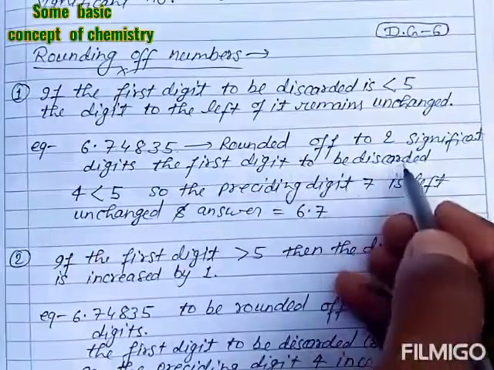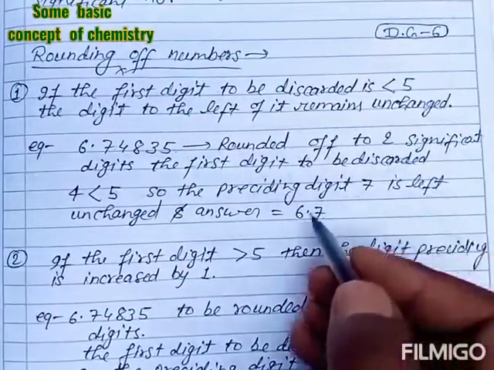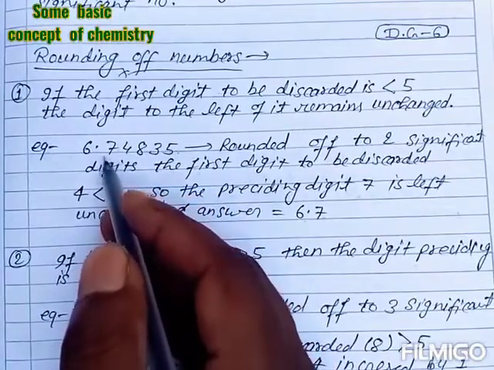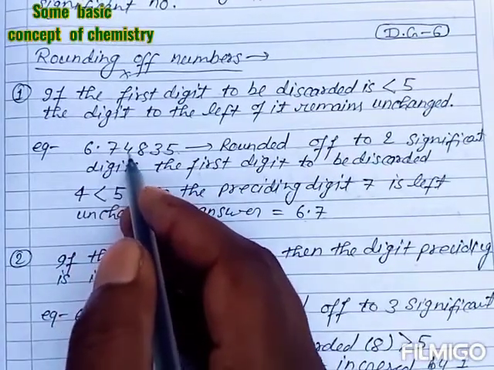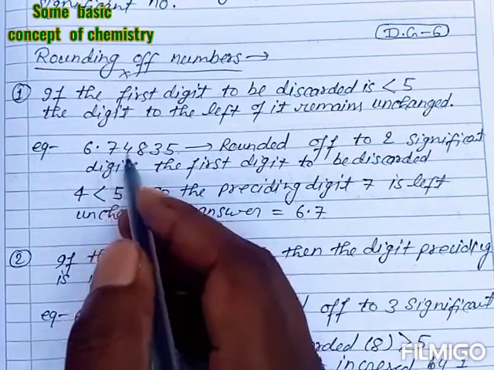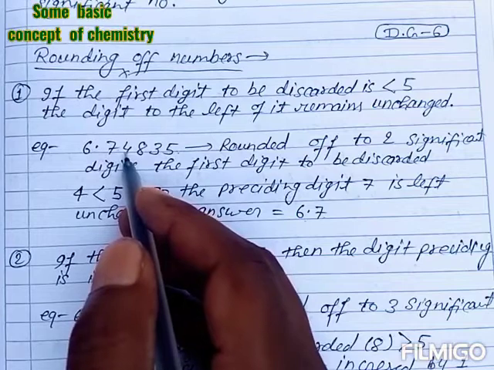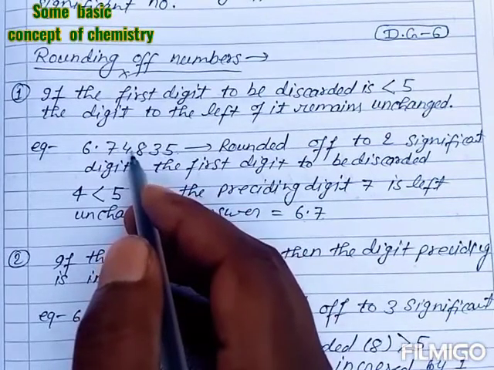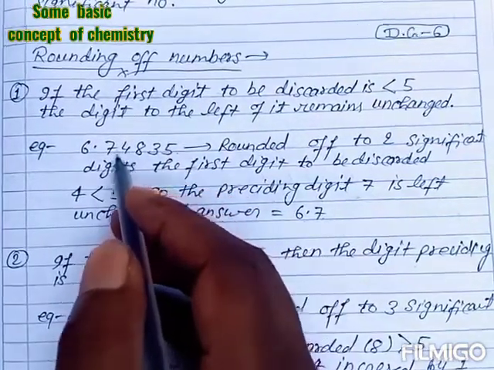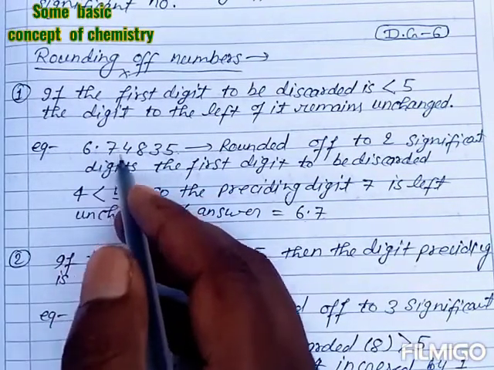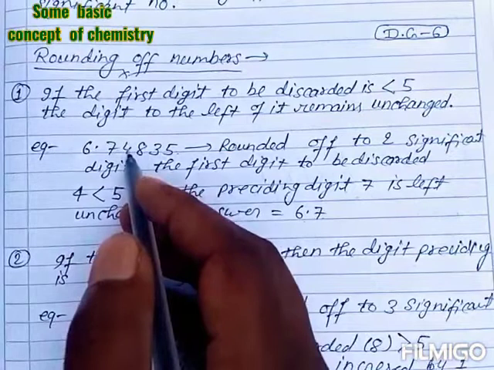The first digit to be discarded is 4, the last of the numbers after the decimal, and 4 is less than 5.